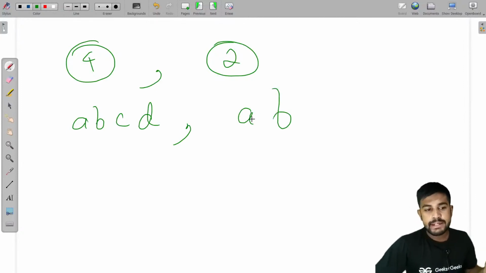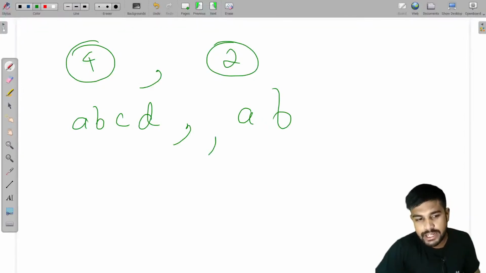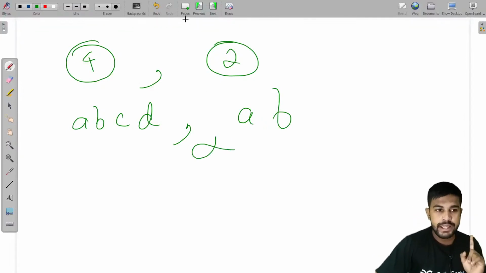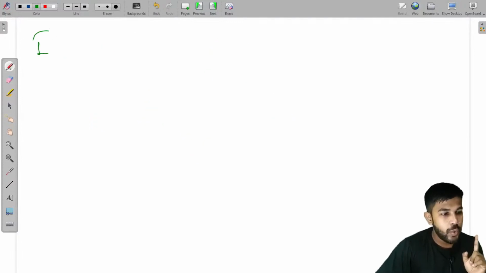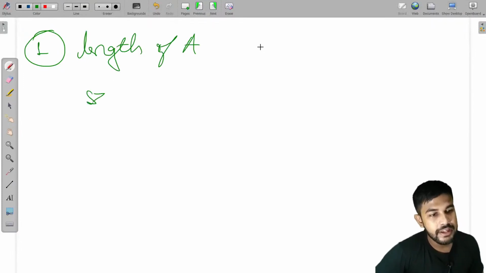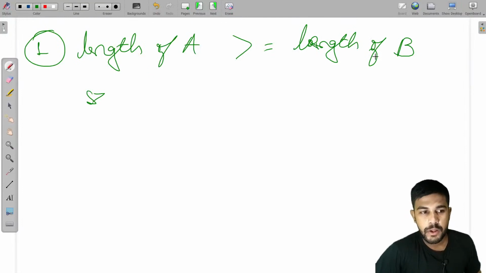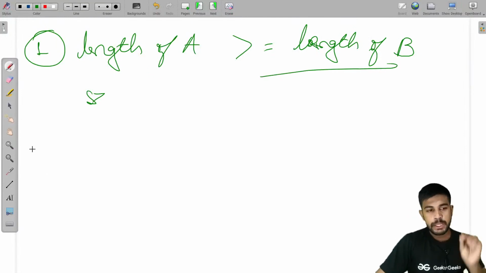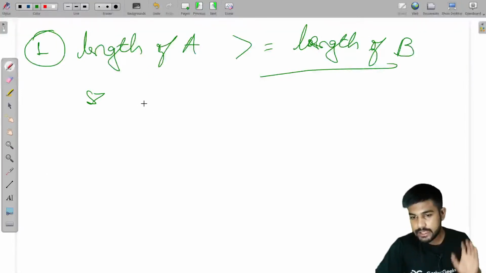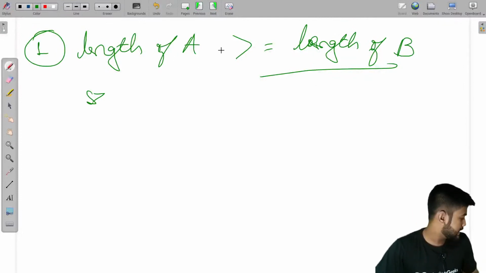We know that AB is smaller in size, so how can it be a substring? This is not valid. So we can say the conclusion is that the length of A should be greater than or equal to the length of B; only then can B be a substring of A. After that only B can be a substring of A, not otherwise. Good to go.